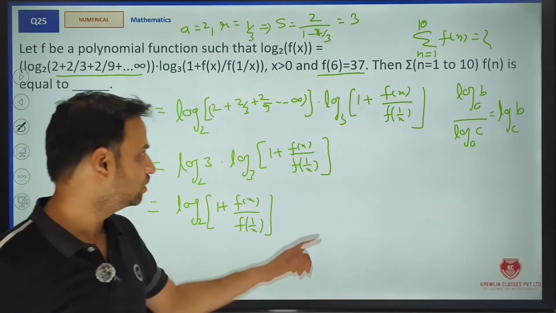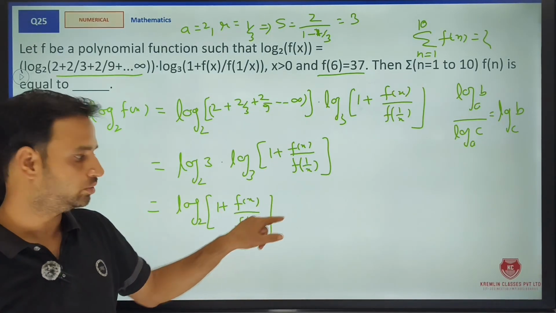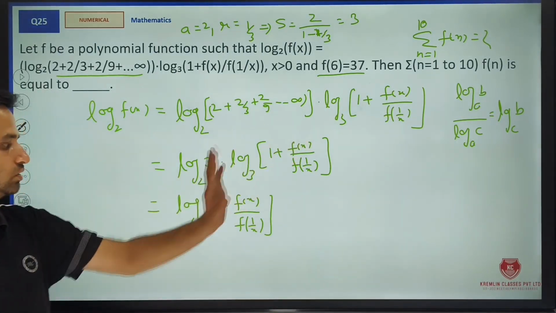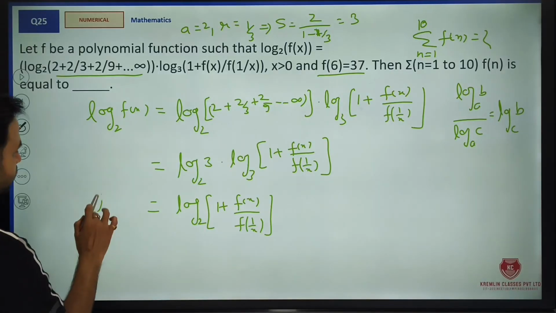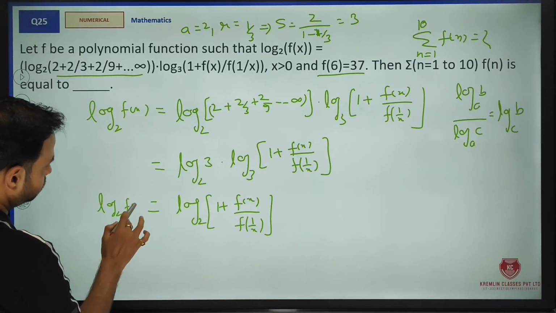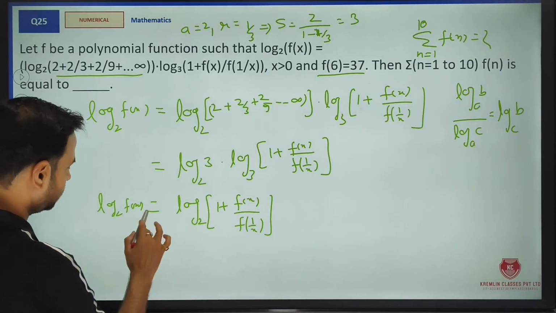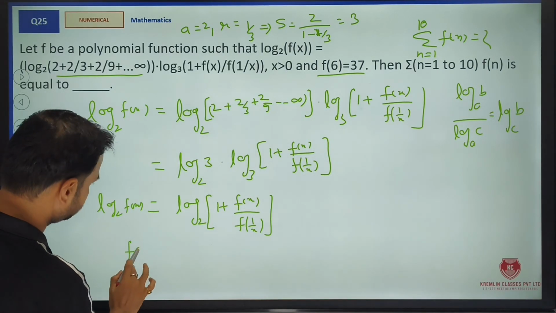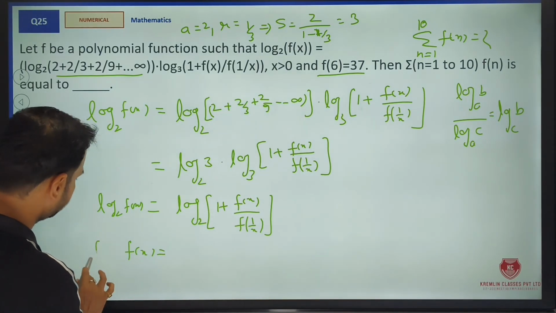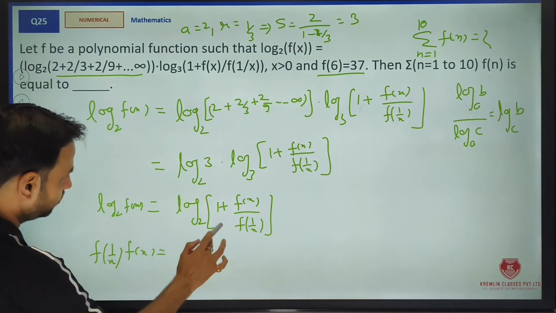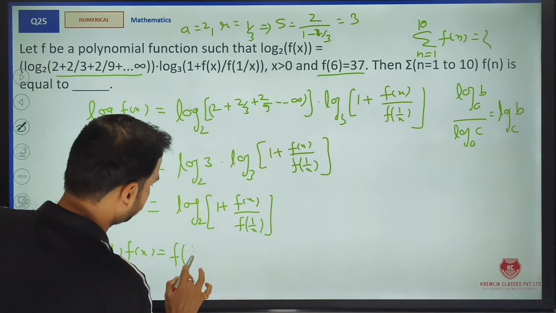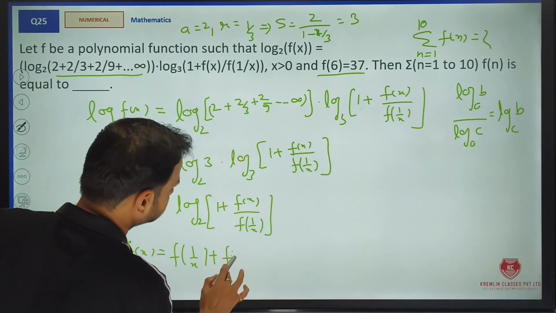We have used it by moving it to the denominator. This will come out to be log 2 fx. So if bases are equal, then the arguments are equal: fx equals fx into f of 1 by x, I am directly multiplying it, f of 1 by x plus fx.